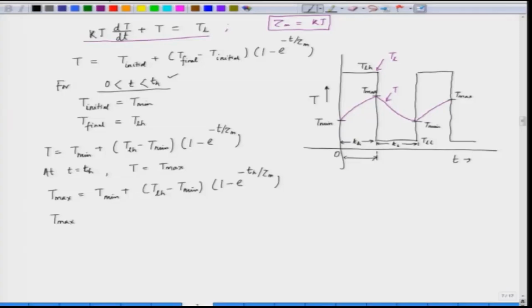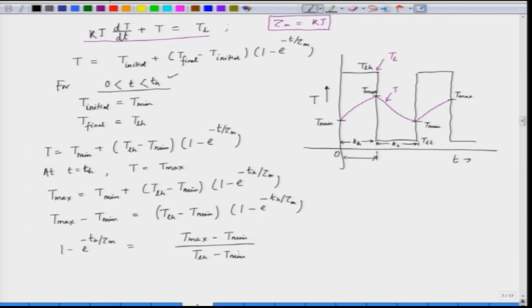Now, from this equation we can readjust the various terms here. T maximum minus T minimum is equal to TLH minus T minimum into 1 minus exponential minus TH by tau m, or 1 minus exponential minus TH by tau m is equal to T maximum minus T minimum by TLH minus T minimum.